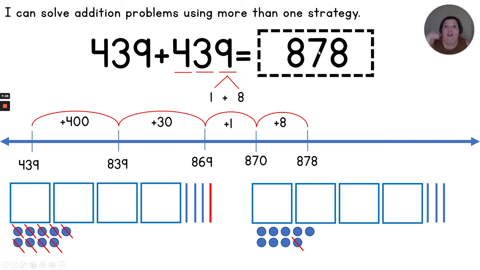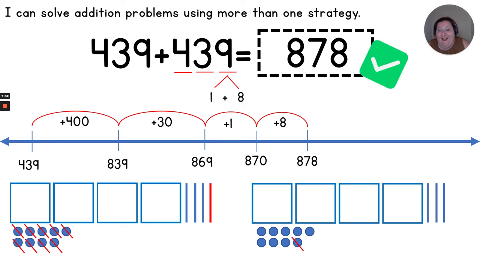We have 7 in the tens place. So far, so good. Let's look at our ones. 1, 2, 3, 4, 5, 6, 7, 8. 8 ones, and we have 8 in the ones place. We did it.